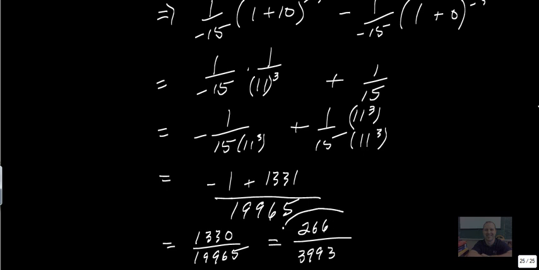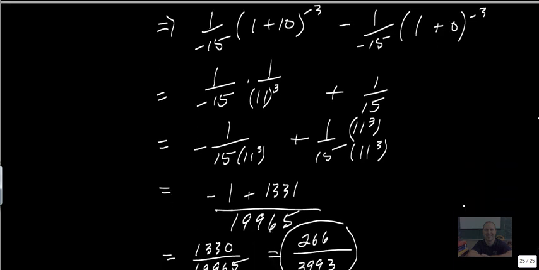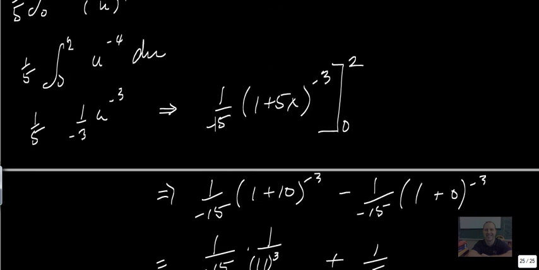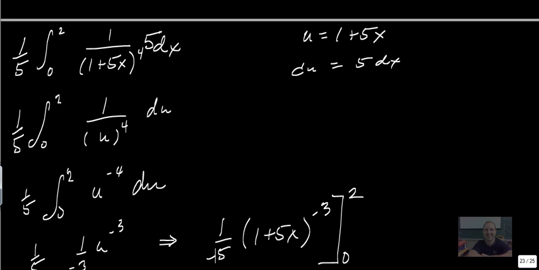Okay, so when this is evaluated, this is your answer. Simplified fraction, 266 over 3993. I had to make a little correction. That should be your answer for that definite integral.